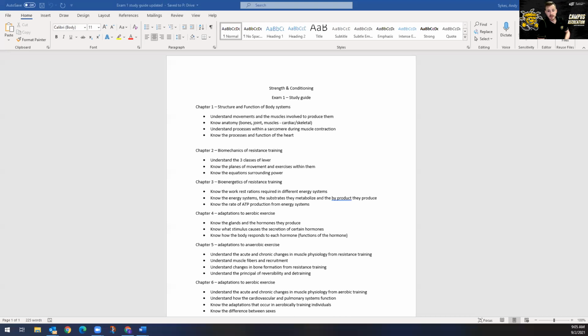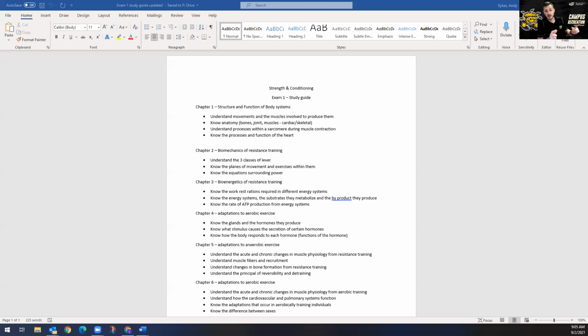Understand processes within a sarcomere during muscle contraction. Depending on what edition of the textbook you have, mine is the 4th edition, and page 7 really covers that pretty well.